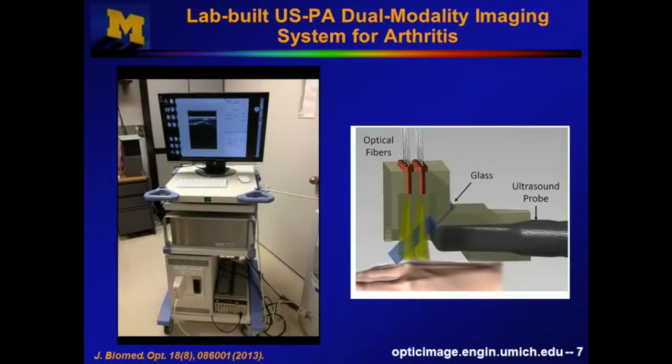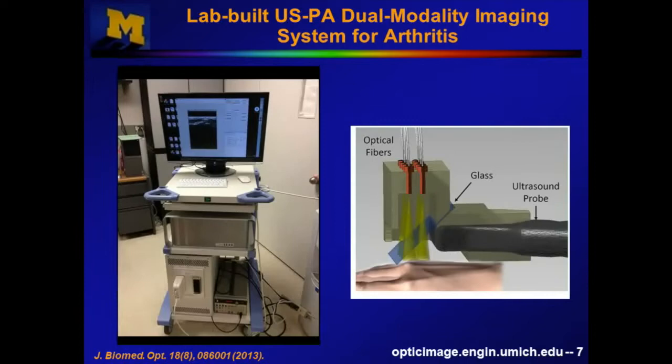On this slide is our lab-built ultrasound and photoacoustic dual modality imaging system for arthritis. This system was built on a Verasonics ultrasound imaging platform, a commercial research imaging platform, and it works with a class 4 laser.